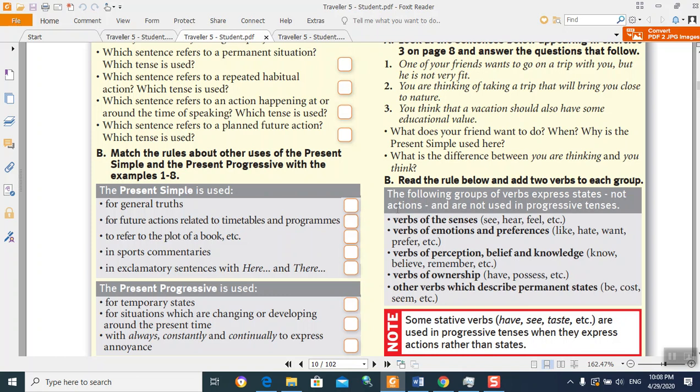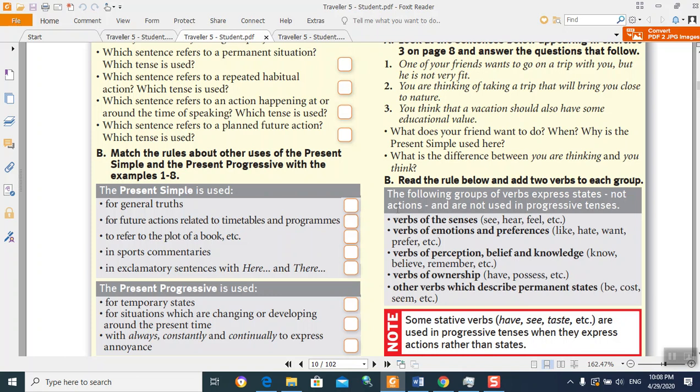Okay? These groups: verbs of the senses, see, hear, feel, taste, smell. We can't use these verbs in the progressive form when we are talking about senses. Verbs of emotions and preferences, I like, I hate, I want, you can't use them in the progressive.